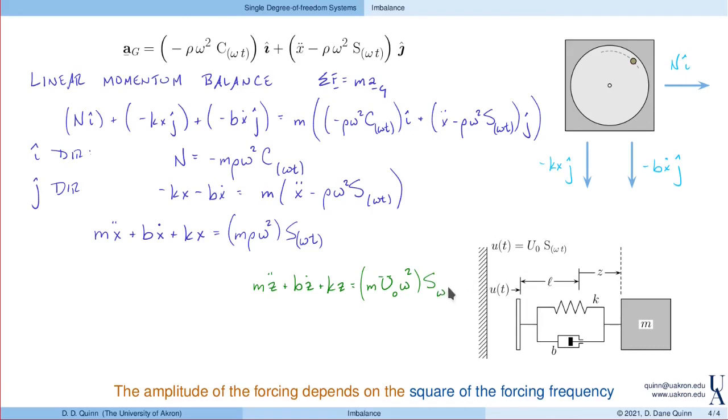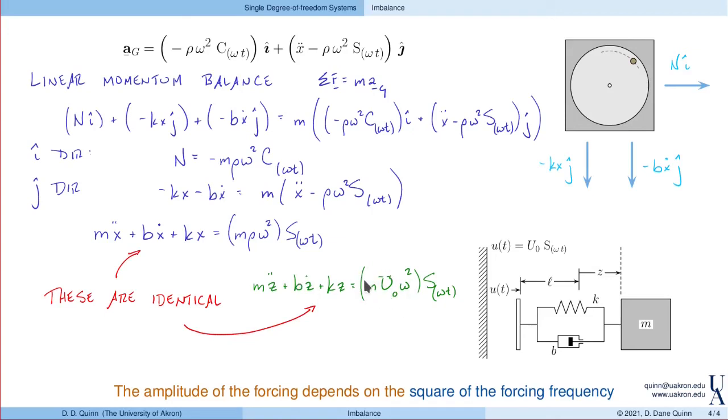So if we look, these equations are identical for rotating imbalance and base excitation. Really the only difference is I've chosen to use a different letter for the coordinates.